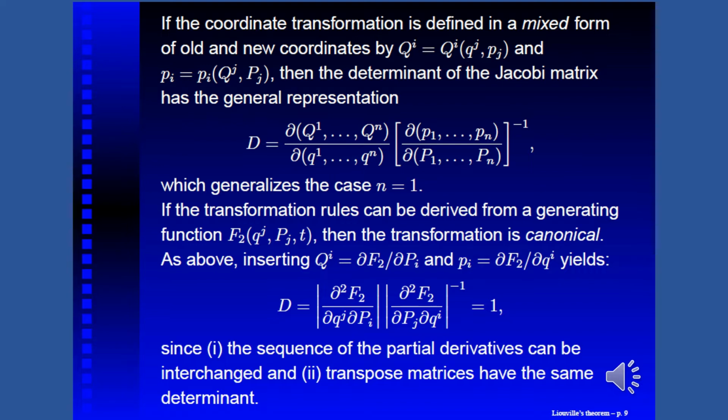If the transformation rules can be derived from a generating function F2 of (qj, Pj, t), then the transformation is canonical.